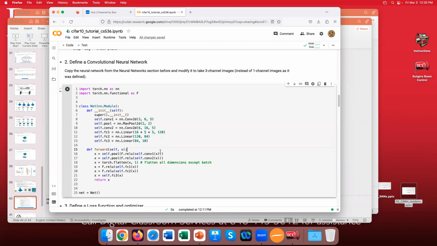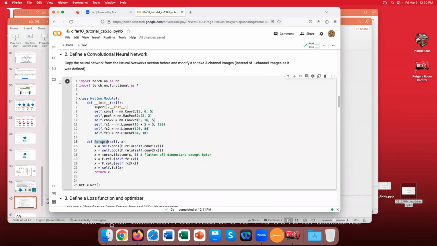And the second important method is the forward method. In the forward method, you're basically going to connect all these pieces together, right? X is going to be your input, and your input is going to go through the first convolutional layer, and then through the ReLU.